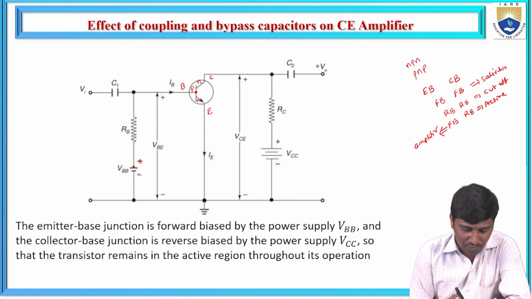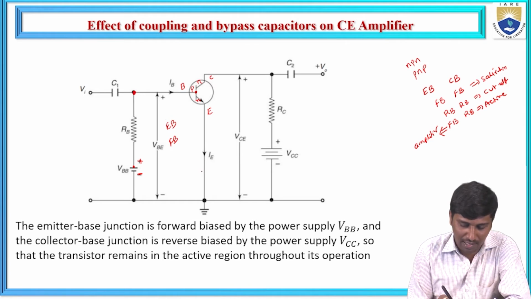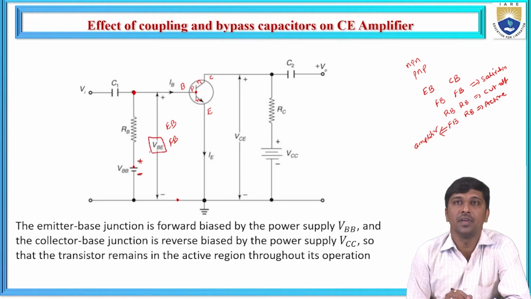The negative pole of this biasing source is connected to the emitter side. Now this emitter base junction becomes forward biased. Due to this biasing, the potential difference between base terminal and emitter terminal is represented as VBE.